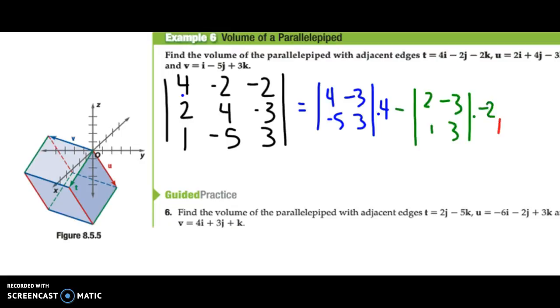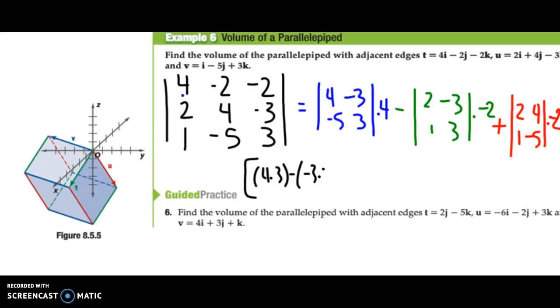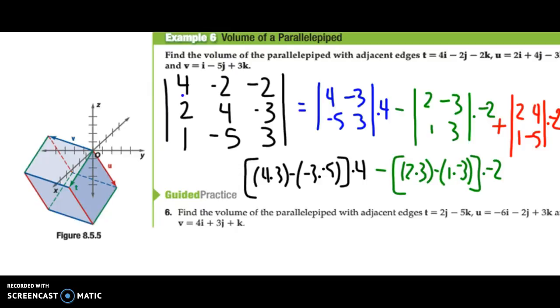And then we add 2, 4, 1, negative 5 times negative 2. And just like we did before, we find the determinants, which is going to be 4 times 3 minus negative 3 times negative 5, all of that times 4, minus 2 times 3 minus 1 times negative 3.